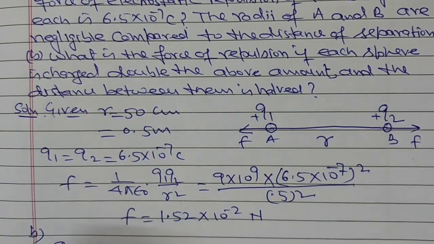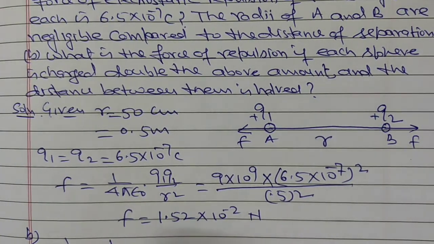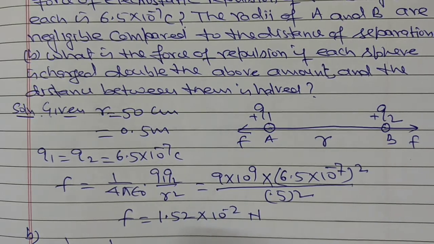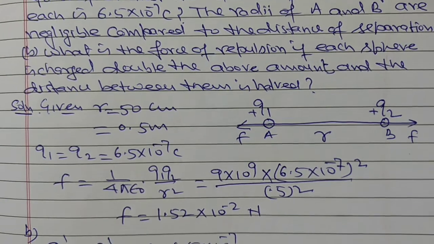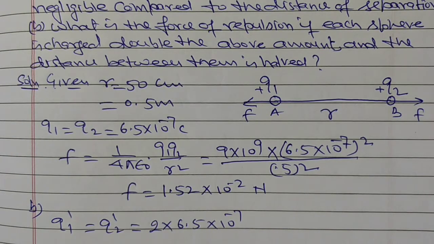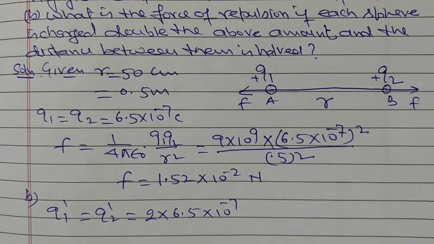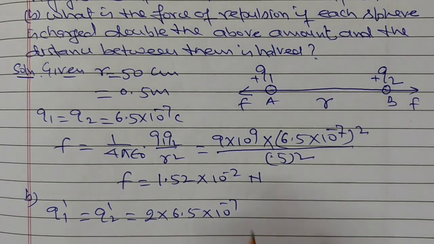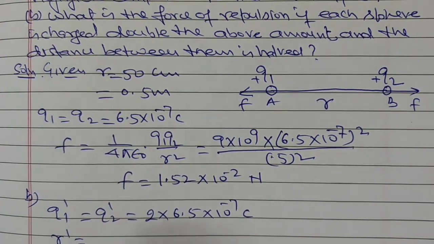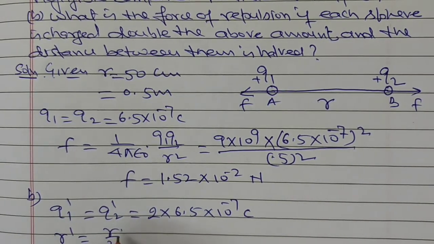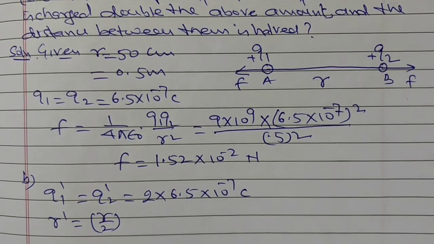Here given that Q1 dash is equal to Q2 dash is equal to twice of the initial amount of charge, this is 2 × 6.5 × 10⁻⁷ coulomb. इनिशियल चार्ज का डबल कर दिया दोनों स्फीयर्स पर, तो Q1 डैश इज इक्वल टू Q2 डैश इज इक्वल टू 2 × 6.5 × 10⁻⁷ coulomb, और दोनों के बीच का सेपरेशन R डैश बिकम्स हाफ. सेपरेशन को आधा कर दिया हमने. देन अगेन फाइंड द फोर्स बिटवीन द सेम टू स्फीयर्स.